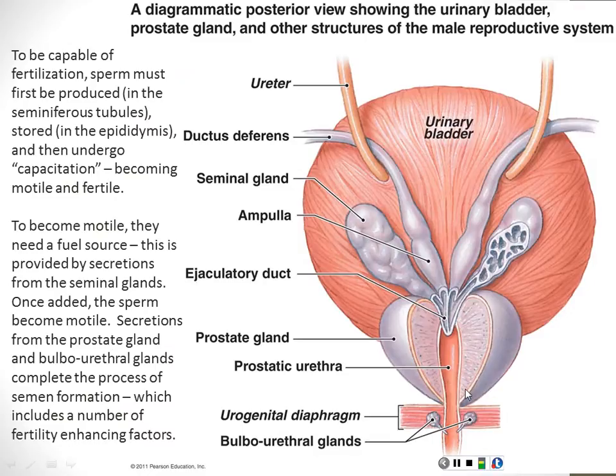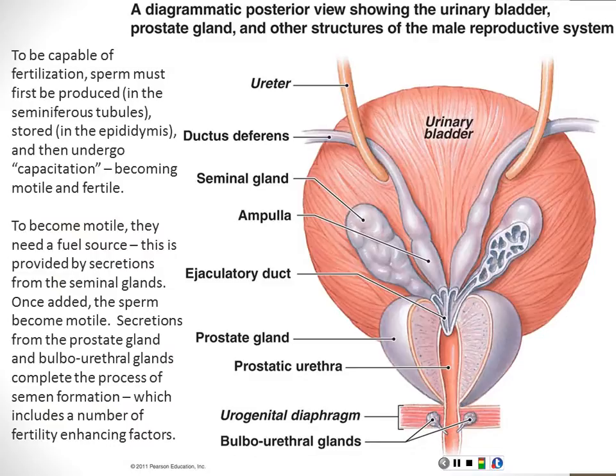Then secretions from the prostate gland and the bulbourethral glands contribute additional materials which improve fertility. Okay, so for example, the prostate gland secretions are alkaline because the environment of the vagina is very acidic. So you combine those two and you get a neutralization. That allows the sperm to be more fertile.